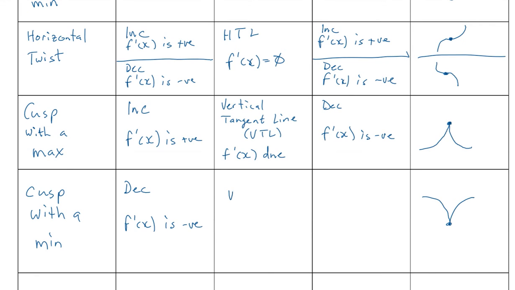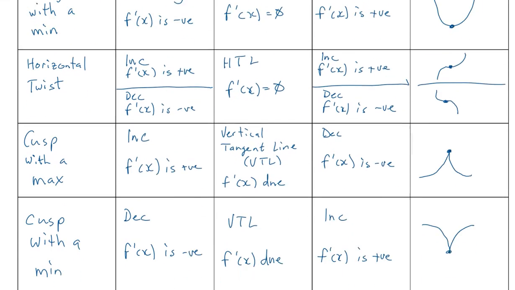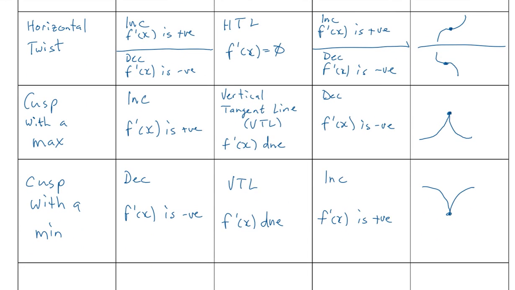Then it's a vertical tangent line, which means the derivative does not exist. Then it's increasing after, and the derivative is positive. And again, this is all stuff that you're now going to need to know. You can memorize this table, or if it just makes sense to you, you'll just kind of understand it. But the idea is that we understand these are the different possibilities, and we will memorize them, we'll know them, and then when we're doing the algebra, we'll be able to classify these points.